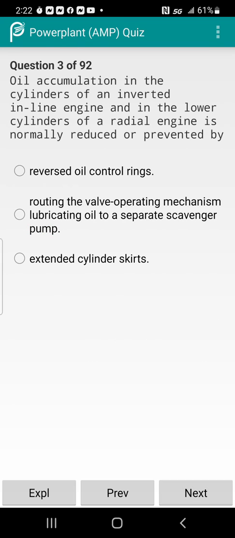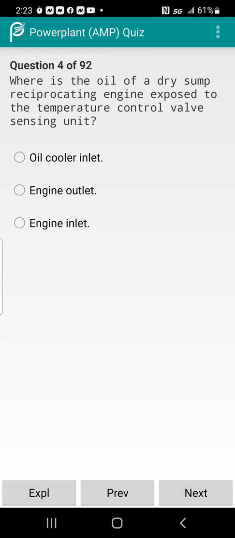Oil accumulation in the cylinders of an inverted inline engine and in the lower cylinders of a radial engine is normally reduced or prevented by extended cylinder skirts.